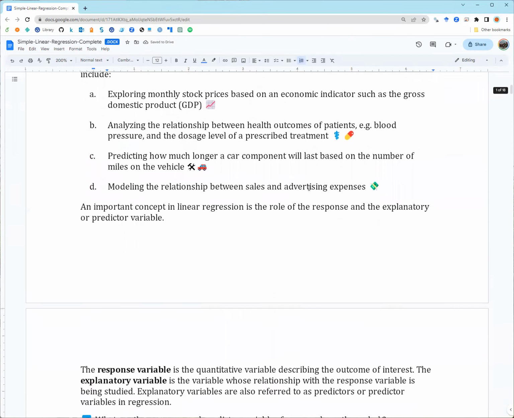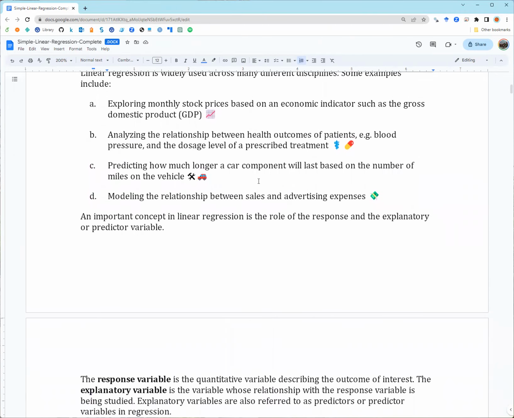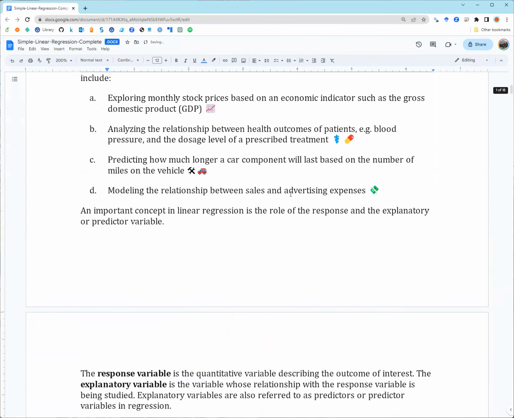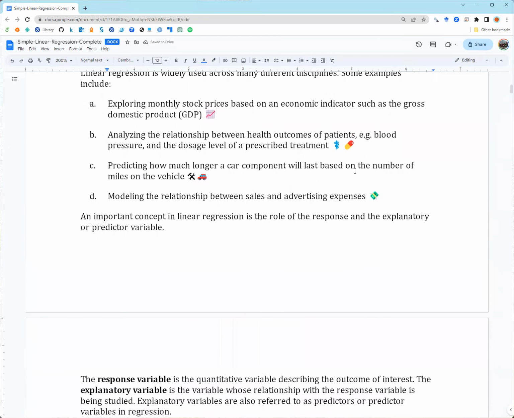Letter C. How much longer a car component will last. Okay, so that is our response variable. It's what we would be trying to predict. And then the predictor variable would be the number of miles on the vehicle.